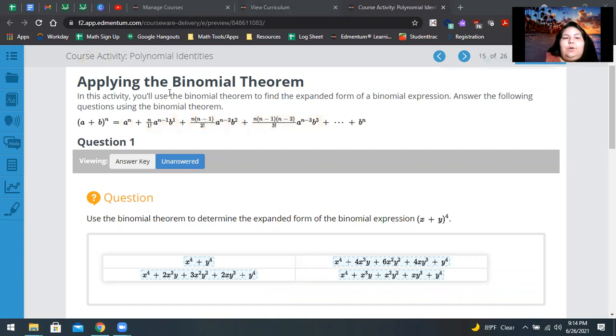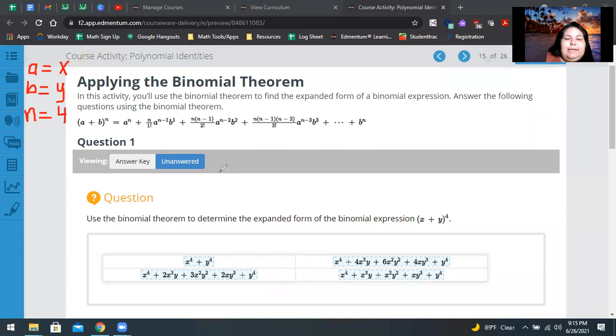Your A is your first term, which happens to be x, so A is equal to x. Your B is your second term inside the parentheses, which happens to be y. Your N is that power there, so that is the 4th power.